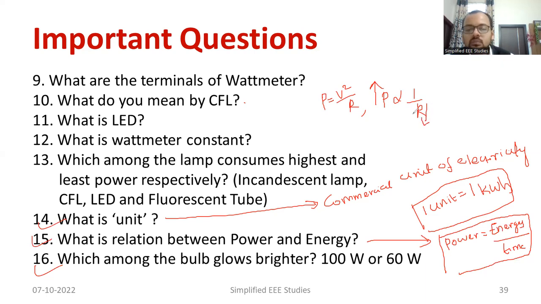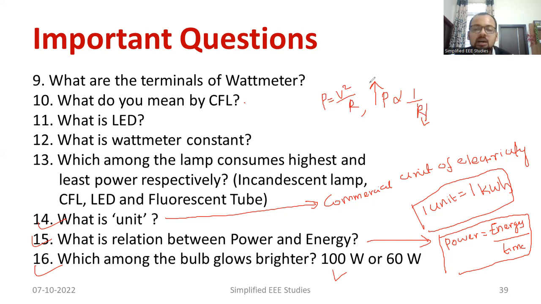Here, which bulb is having least resistance? Those having highest power, that particular bulb is having least resistance. Obviously, the 100-watt bulb is having least resistance. Therefore, the 100 watts bulb glows brighter compared to the 60 watts bulb. You can explain using this formula.